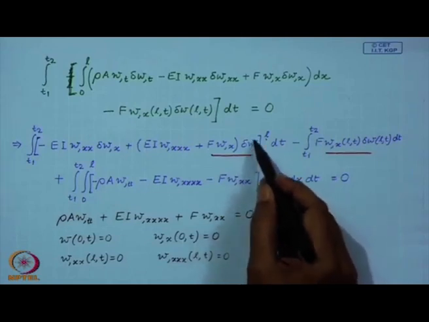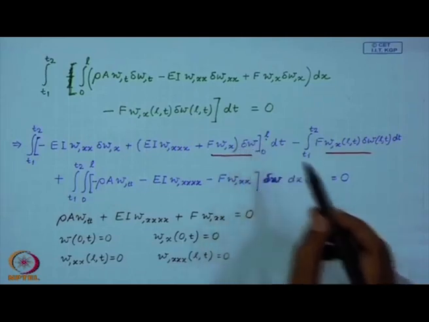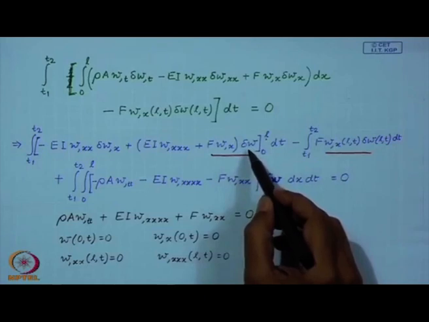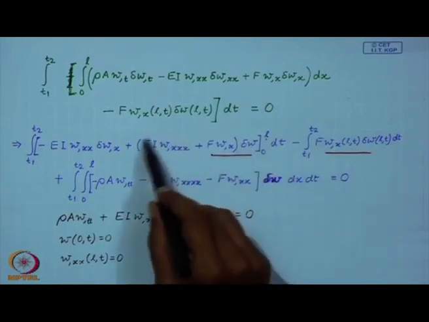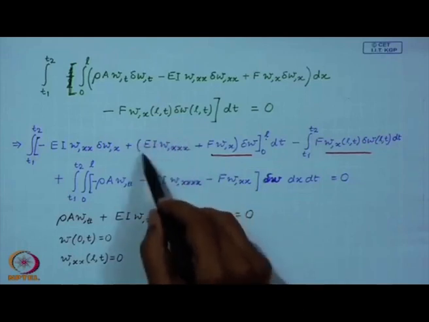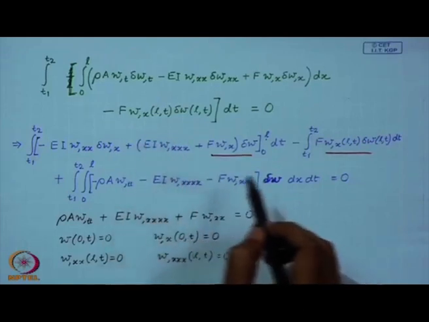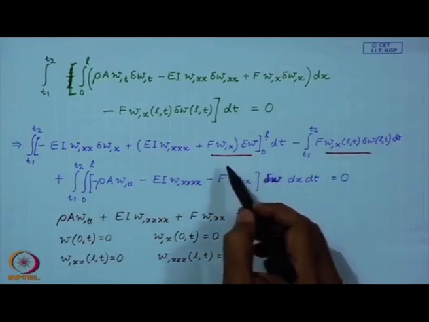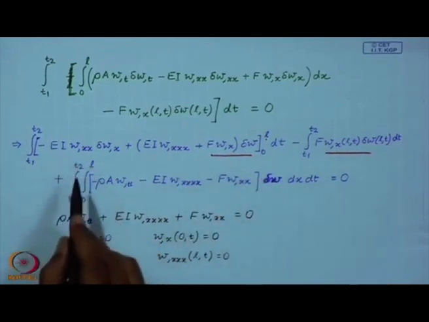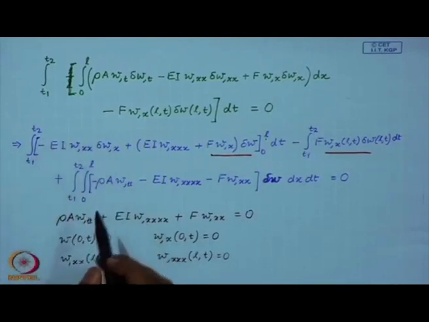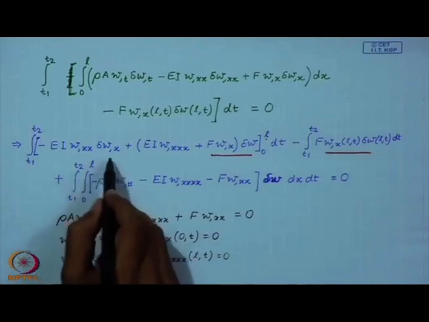So, at x equal to 0 this is going to vanish, at x equal to L this must be 0 and the other term comes from here, which is the bending moment.